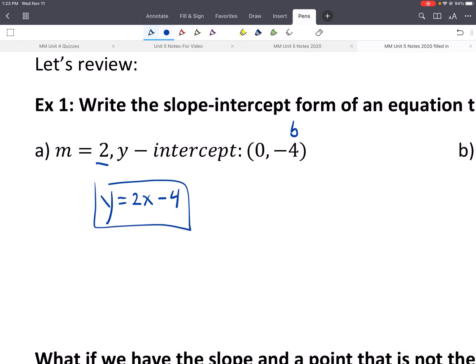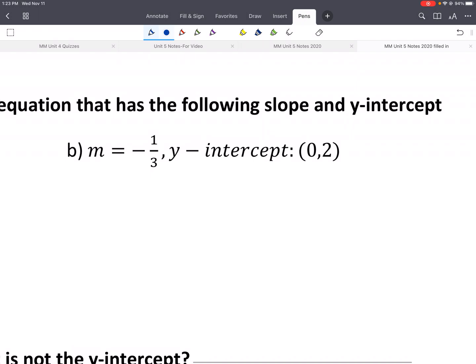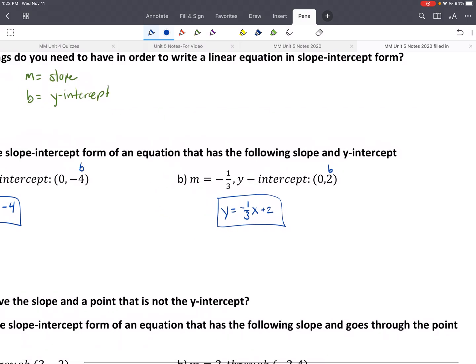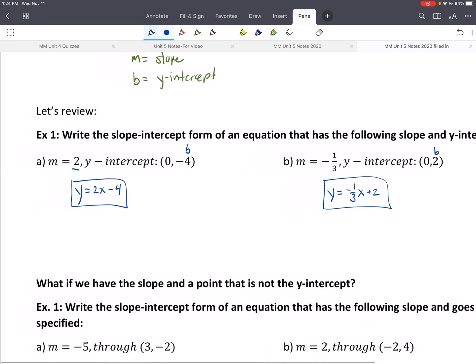So that would be our equation in slope-intercept form. Give B a try. We could do the same. So y equals our slope, which is -1/3, x plus b, and b here is 2, so plus 2.